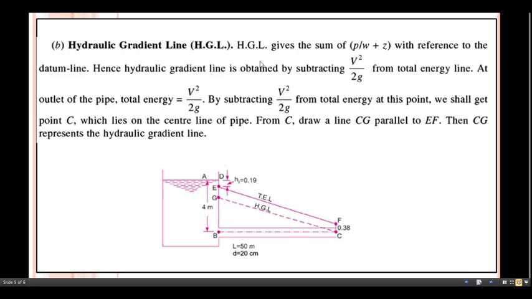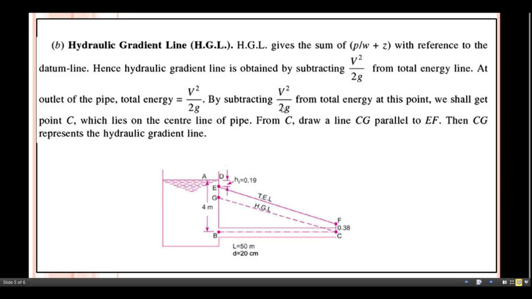Second point, hydraulic gradient line. Hydraulic gradient line gives the sum of P by W plus Z with reference to a datum line. Hence this hydraulic gradient line is obtained by subtracting V square divided by twice g from the total energy line. At outlet of the pipe, total energy equals V square divided by twice g.